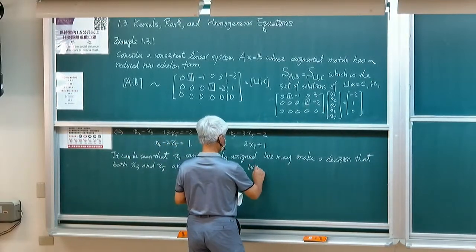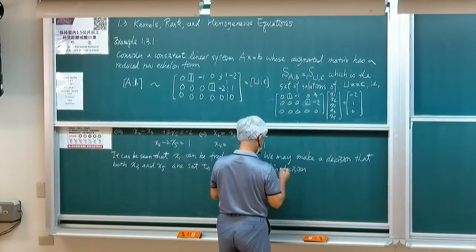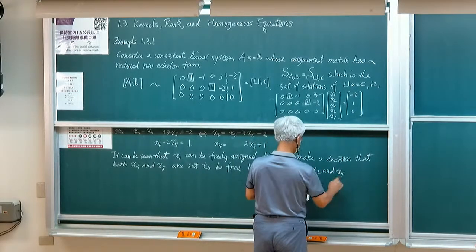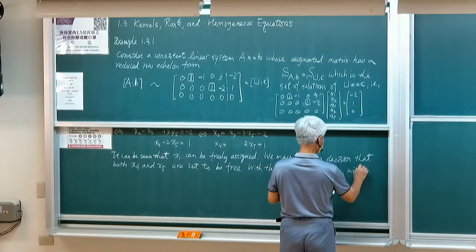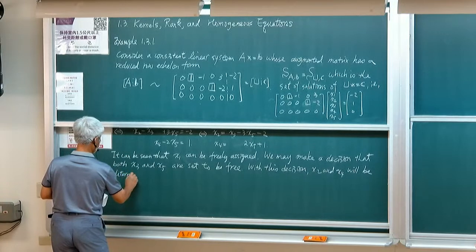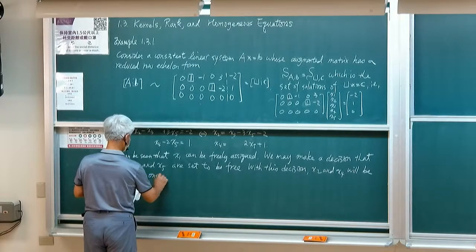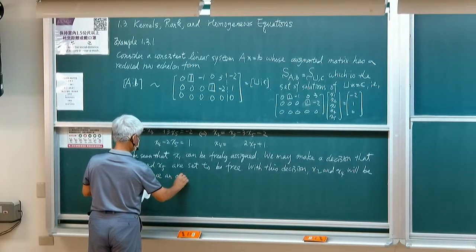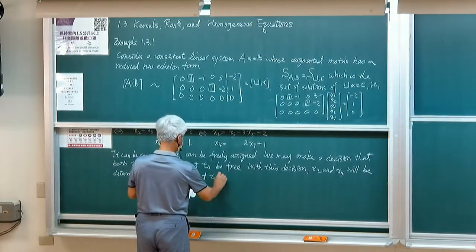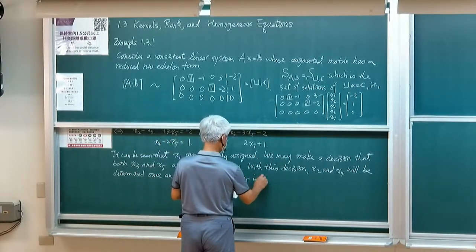So with this decision, x2 and x4 will be determined once an assignment to x3 and x5 is done.